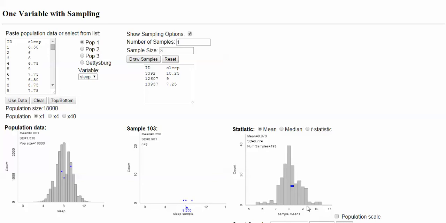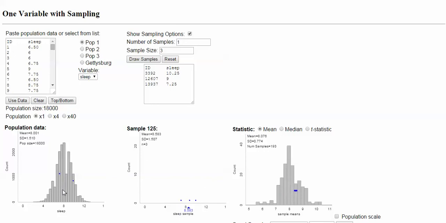So each building block is a sample mean. Each of these building blocks is a mean of a different group of 3 people. And as we move through here, we're revisiting the 3 people inside each of our samples. So this was the mean of these 3 people. That's the mean of these 3 people.